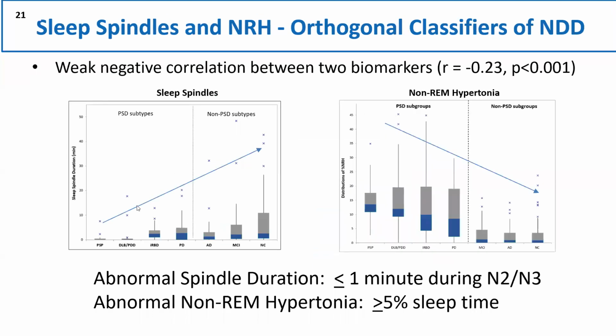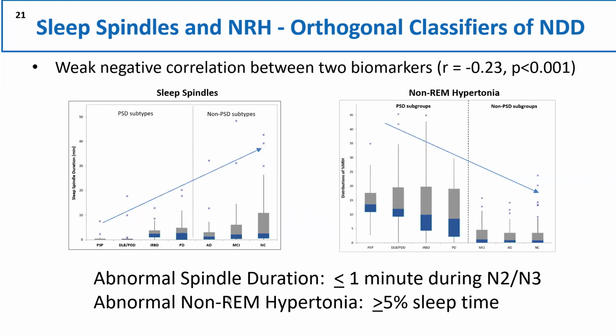Another thing we noted: I mentioned earlier the work where we saw the sleep spindle duration increased as we went from the Parkinson spectrum to the non-Parkinson spectrum groupings, and at the same time, the non-REM hypertonia was going down.